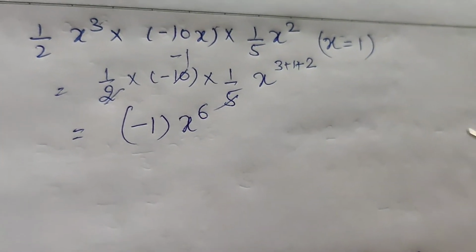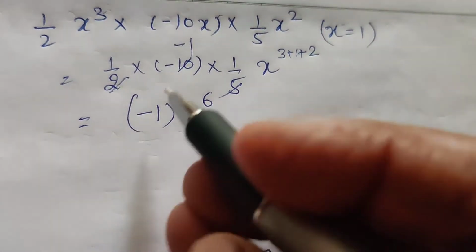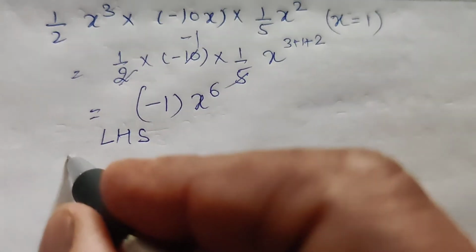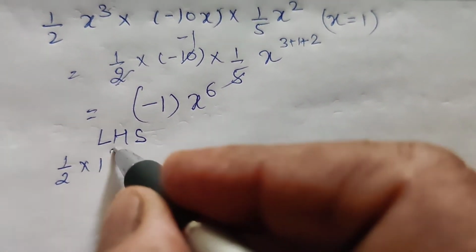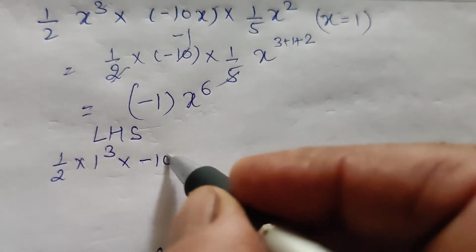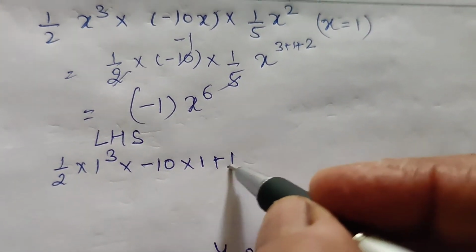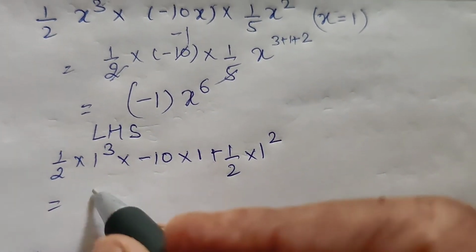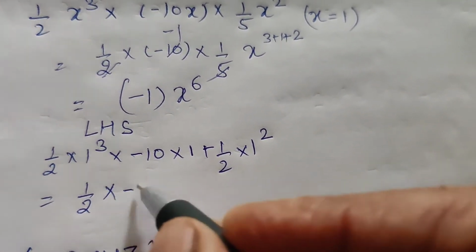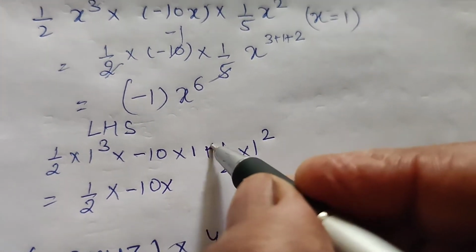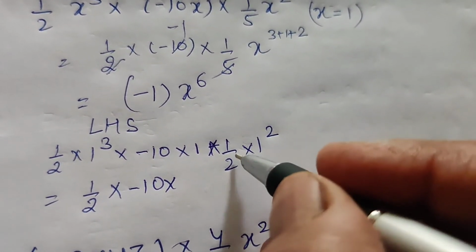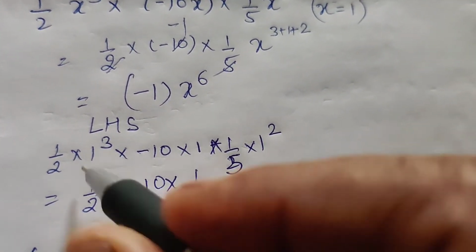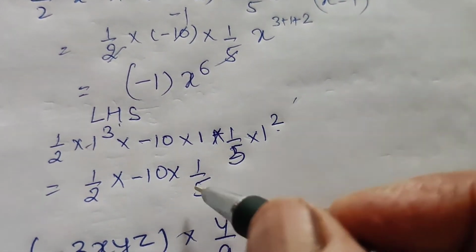Now verify the result for x equal to 1. Just put x equal to 1 in LHS: 1 by 2, 1 cube, minus 10 into 1, plus 1 by 5, 1 square. 1 cube equals 1, 1 square equals 1.